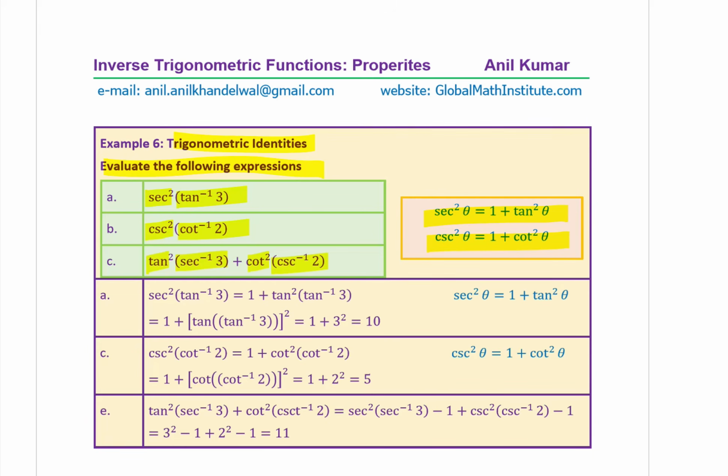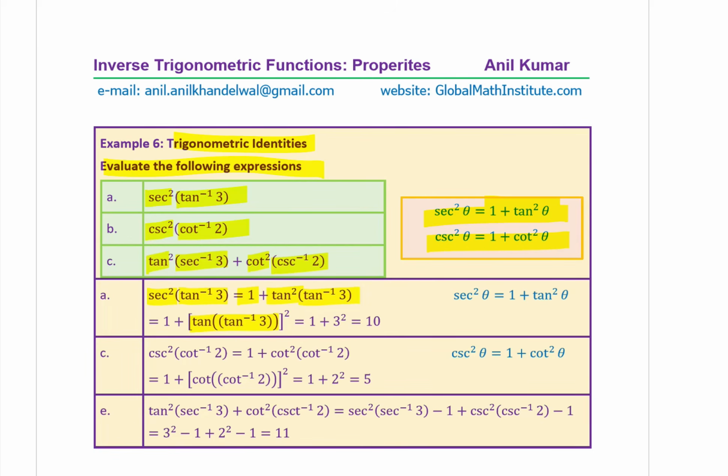Okay, so the very first one is secant square tan inverse of 3. Now secant square can be written as 1 plus tan square, right? So I wrote 1 plus tan square of the argument, which is tan inverse 3. Now, tan square means we'll square from outside, right?